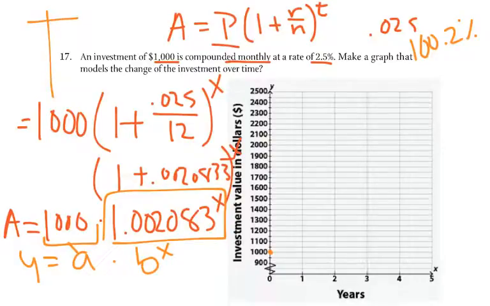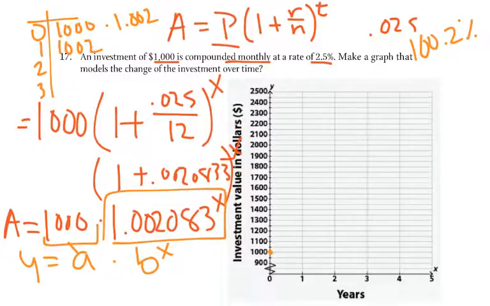To create a table, we start out at 1,000. After the first, the second, the third, where do we go? So 1,000, we're timesing by, let's round it even further to 1.002. That would be 1,002.